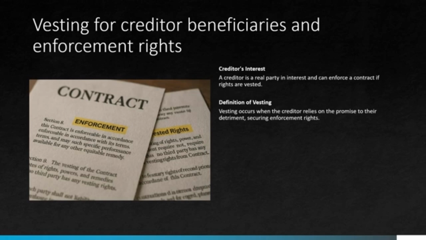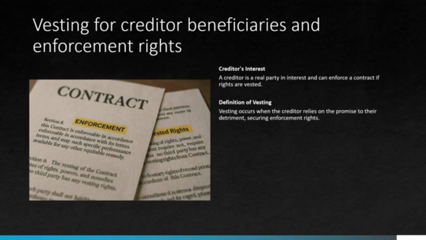So we're going to be looking to see the third-party creditor beneficiary act in some way, do something in reliance on getting this money or consideration, whatever, the furniture, whatever it happens to be, to their detriment. And if so, this right vests, and he could go to court and have the contract enforced if one of the parties wasn't doing what they're supposed to do.